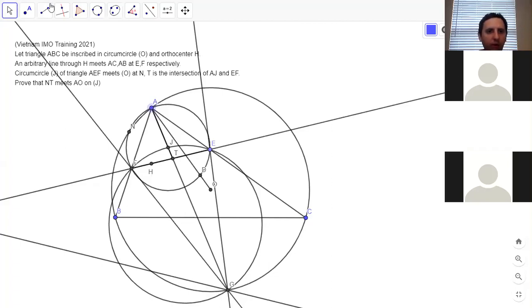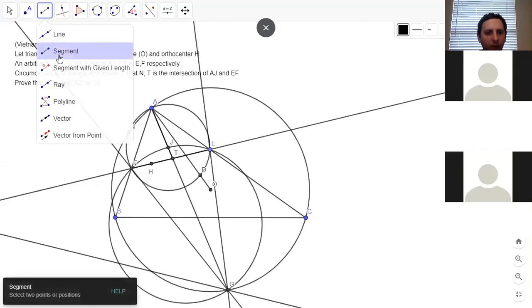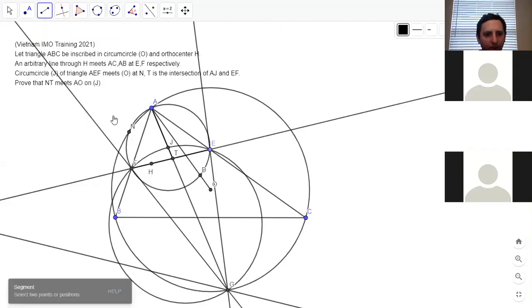So what I was thinking was, let me try this. I want to see the spiral similarity that takes NFE to NBC.